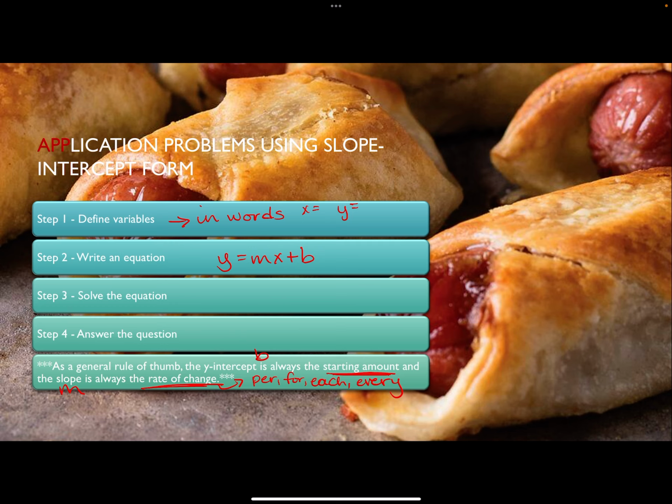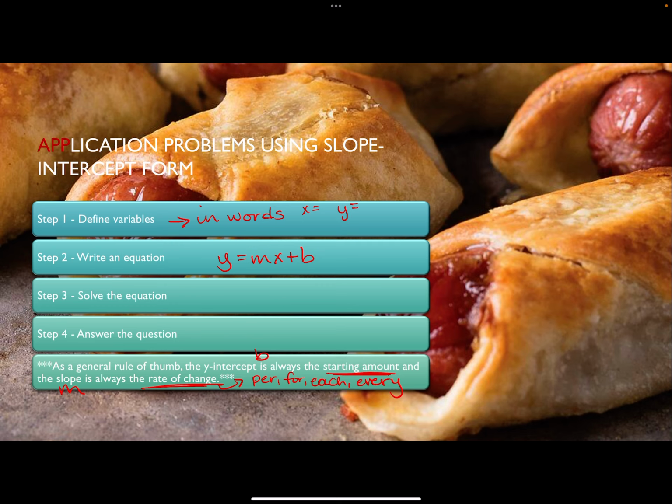So, you're driving at 10 miles per hour. T-shirts cost $12 per t-shirt, or $15 for every t-shirt that you buy. When you see something like that, that tells you that's your m, that's your slope.